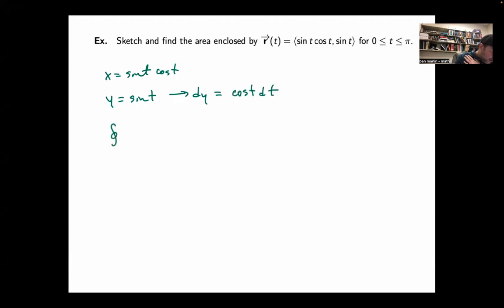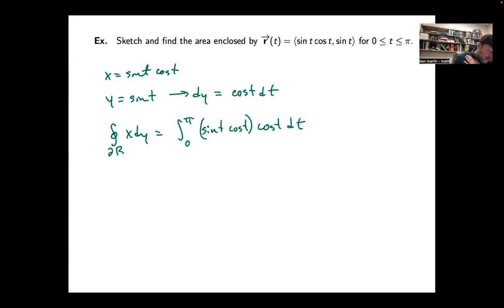We're doing an integral around this boundary, so boundary of the region of x dy. And that'll be an integral 0 to pi, not 2 pi this time. And the x is sine t cosine t, and the y is the cosine t dt.